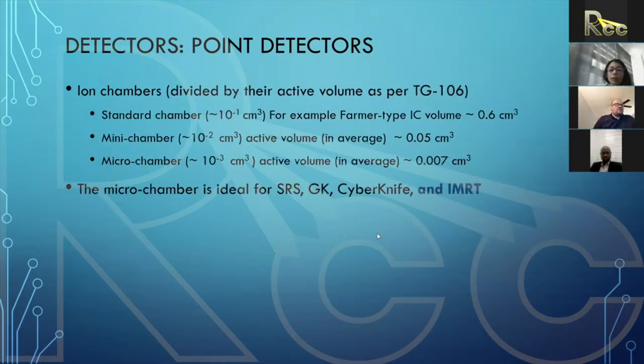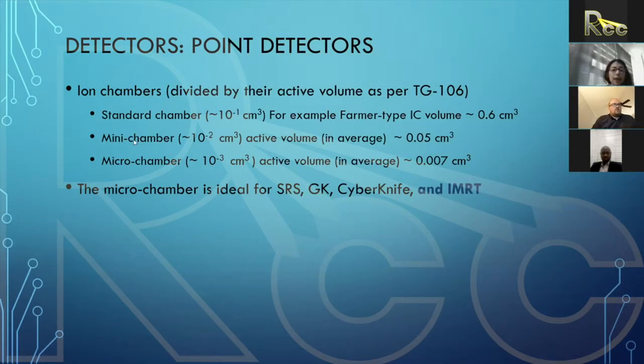According to TG106, they divided the ion chambers based on their active volume, and they came up with this way to define the different types of ion chambers that we use in the clinic. So we have the standard chamber, the regular Farmer that we use for our TG51 measurements, with a volume of about 0.6 cubic centimeters.